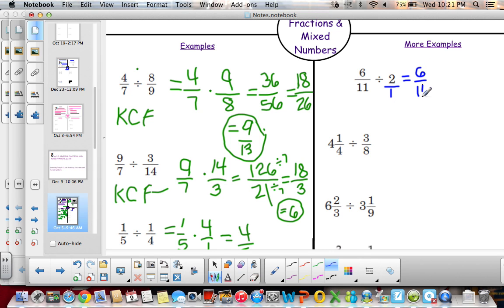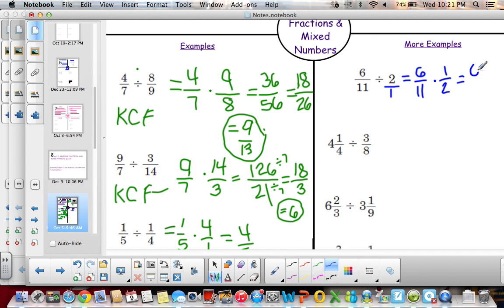So I keep my first fraction, I change it to multiplication, and then I flip. So this only works with division. We don't ever flip if we're adding, subtracting, or multiplying fractions. We only keep, change, flip when we're dividing.